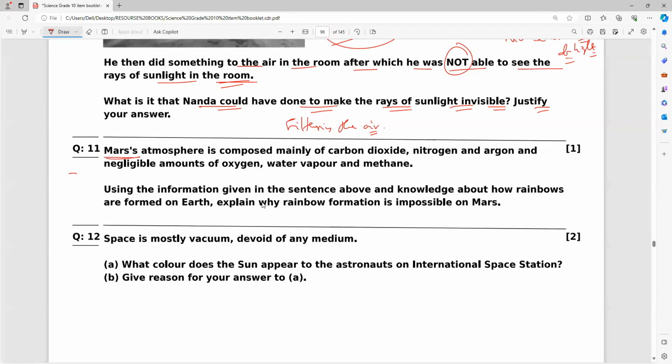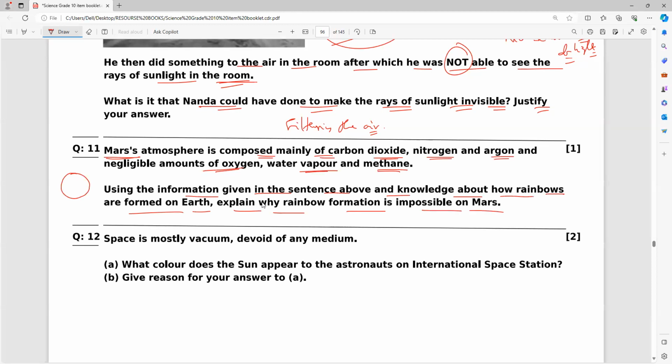Next, Mars atmosphere. Mars is a planet whose atmosphere is composed mainly of carbon dioxide, nitrogen, argon, and negligible amounts of oxygen, water vapor, and methane. Using this information and your knowledge about how rainbows are formed on Earth, explain why rainbow formation is impossible on Mars.